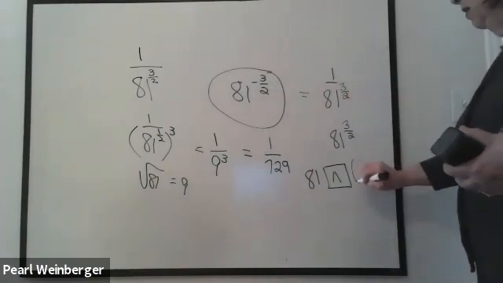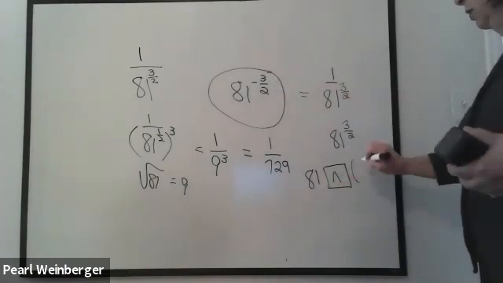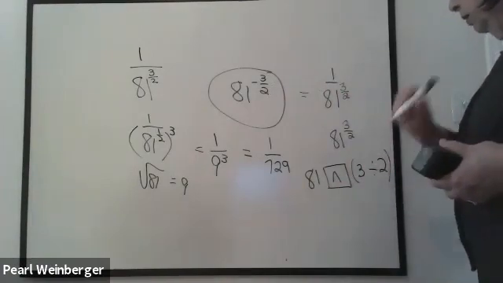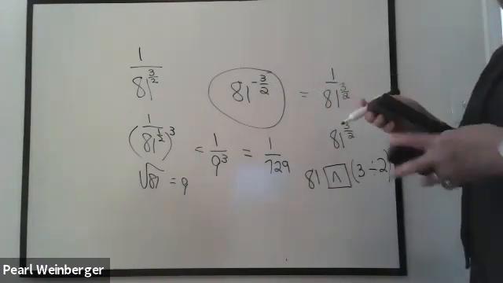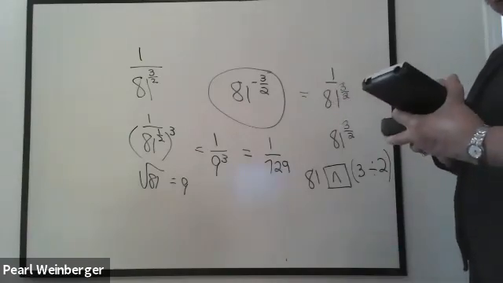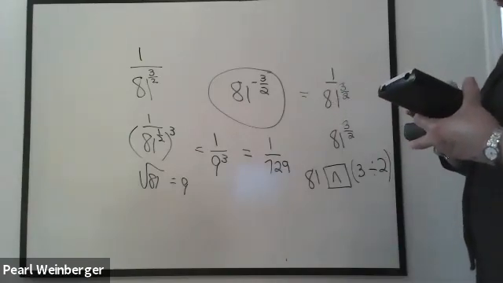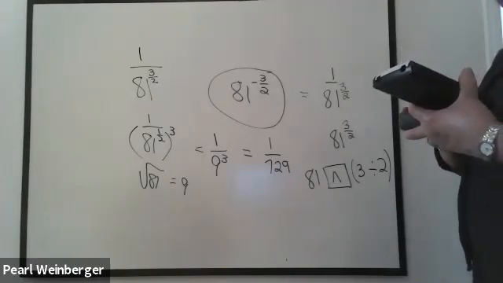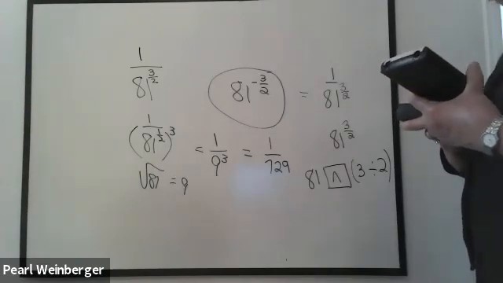So in my calculator, I'm going to do 81 to the 3 divided by 2. So 81 exponent 3 divided by 2. Don't forget the parentheses.